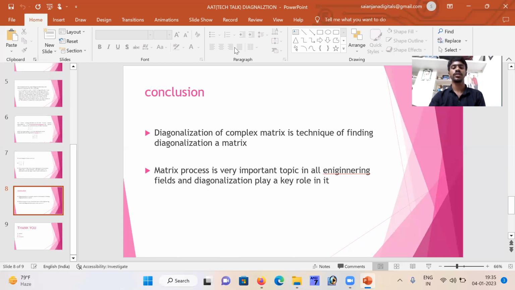This is what I want to conclude at the ending of the diagonalization of a complex matrix.